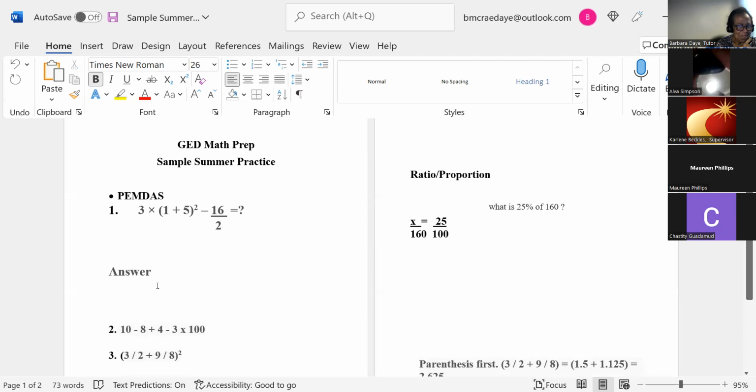No. What did you get, Alva? You were saying it the right thing. So if you did what you said, you should have that right answer. 13.5. No, no, no, no. You said the right thing. You're not multiplying right.